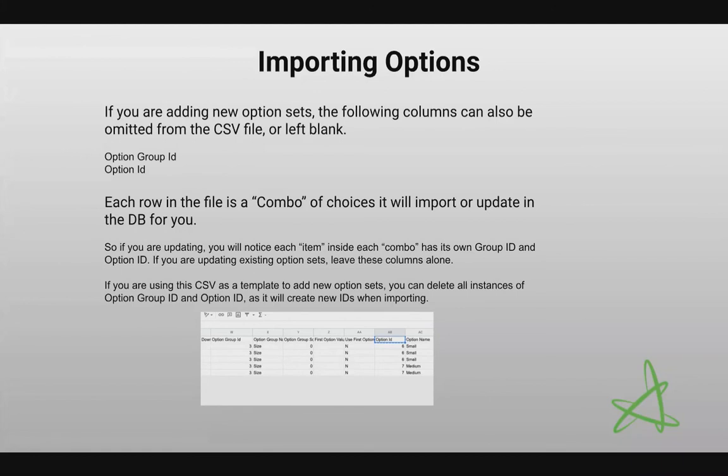Then I can take that same file and delete a couple of columns if I need to, and go change some content around. My assumption is that I'm going to add some new option sets and some new groups that don't exist. So I get rid of the group columns and the ID columns, change all the option names and values, and when I import that, it's going to add those as new option sets to those items accordingly.